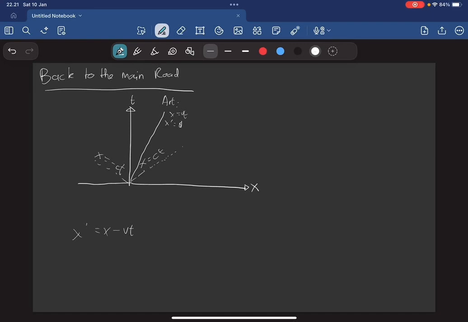The equations for Maggie's and Lenny's world lines are shown in this figure. This is for Maggie, which is x equals vt plus 1, and we also have Lenny, x equals vt plus 2.